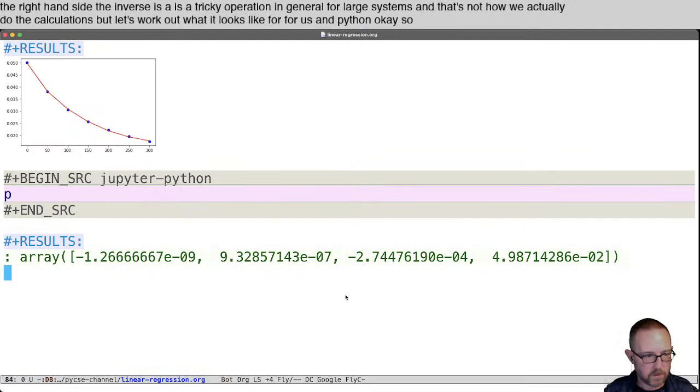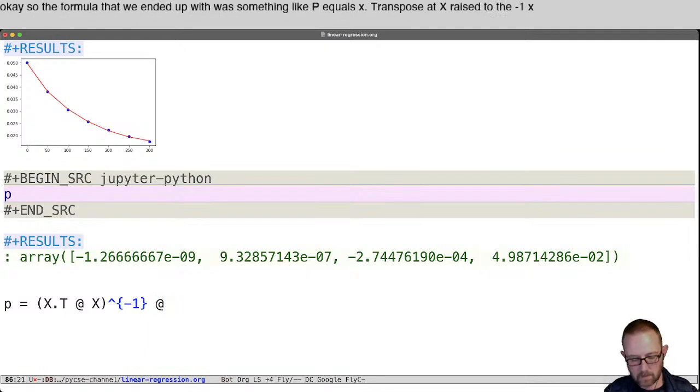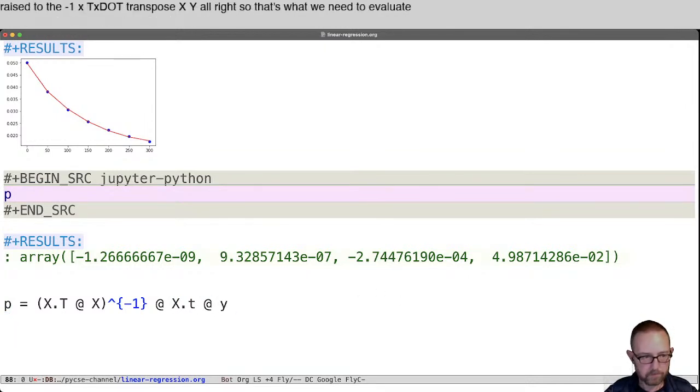Okay, so the formula that we ended up with was something like P equals X dot transpose at X raised to the minus 1 times X dot transpose times Y. All right, so that's what we need to evaluate.